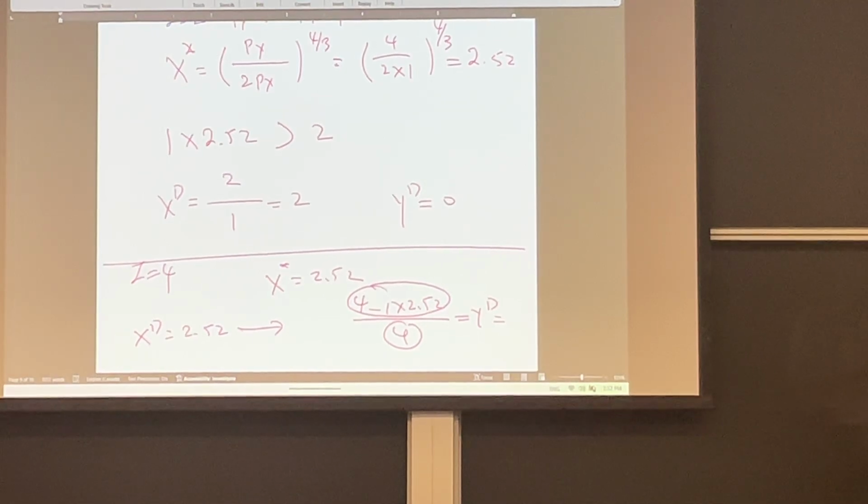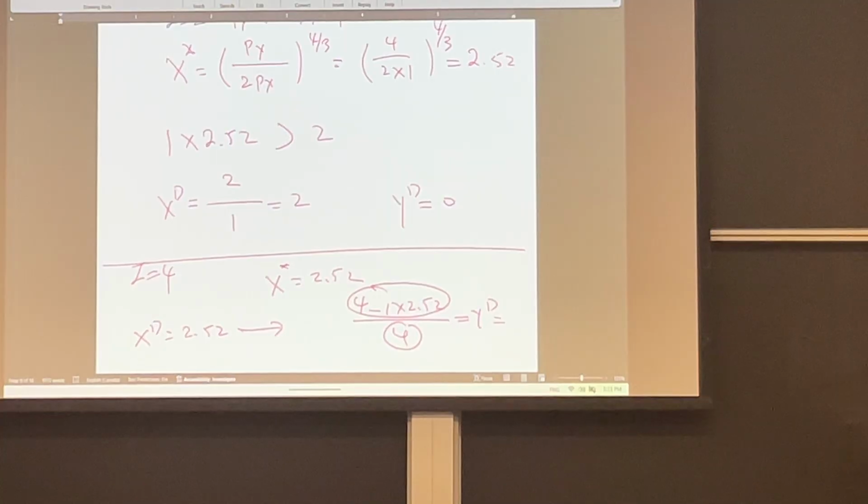How much is that one? This is Julie's friend or twin. She's not in the corner solution because she has enough money to buy whatever she wants to buy. Make sense? How much do you get there? What is 4 minus 2.52 divided by 4? 0.37.